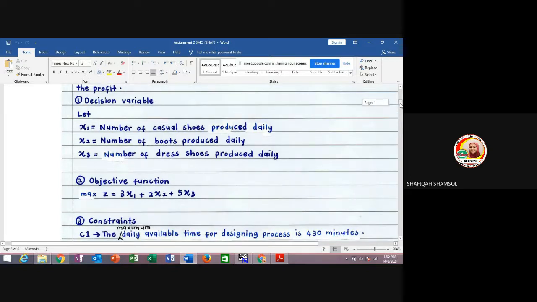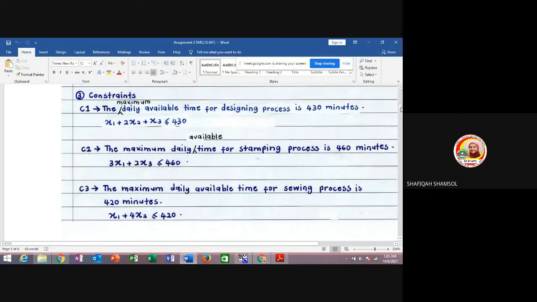Okay, the third step is the constraints. C1, the maximum daily available time for the designing process is 430 minutes. So the constraint that we get is x1 plus 2x2 plus x3 less than or equal to 430, because we use maximum.